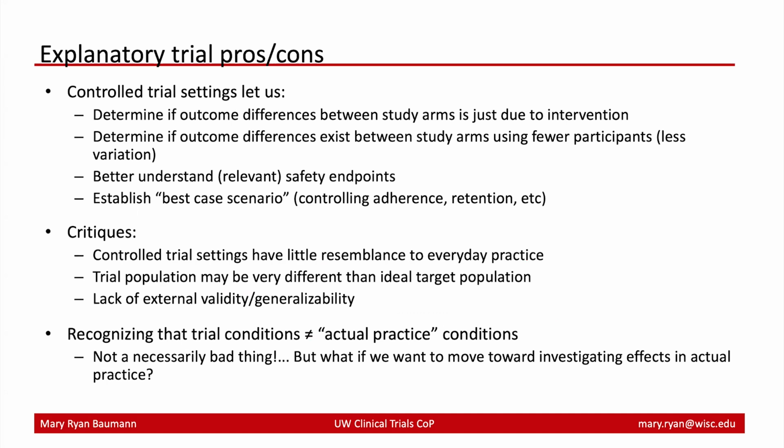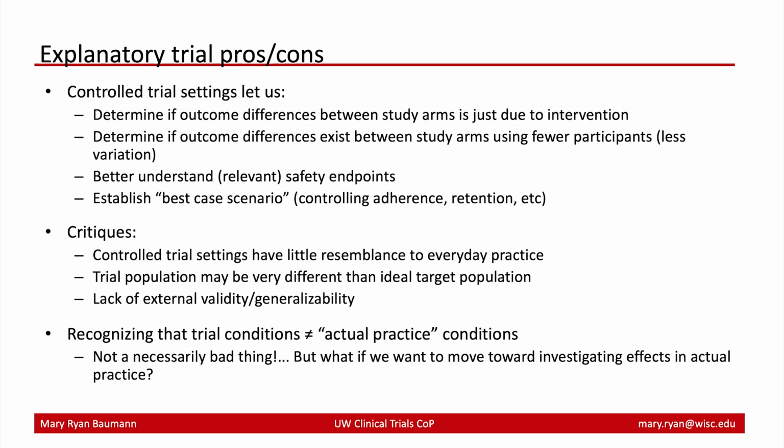And there are pros and cons to being able to do a trial in this way. Controlled trials let us make a lot of assumptions and make a lot of comparisons that we wouldn't otherwise. So first, these controlled settings let us determine if the outcome differences between study arms is just due to the intervention as opposed to other things that might be influencing whether someone's on a study arm or what their outcomes might be.